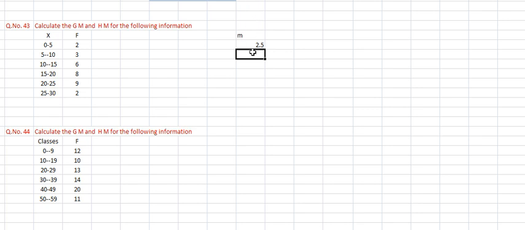You add the 5, that is 7.5, 12.5, then 17.5 and 22.5. When you are finding log m, not x, the value is 2.5. 2.5 means you don't take the 0.5. That 0.5 is not a place, only the integer place you have to check.